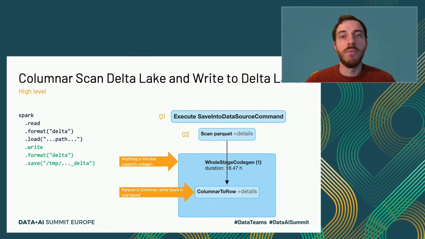So it's both more memory efficient and more performant in terms of execution time. You actually want to see these whole stage codegen boxes everywhere, because that means you probably have the most performant implementation.